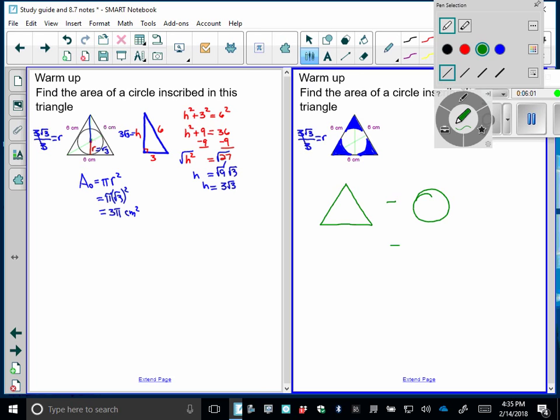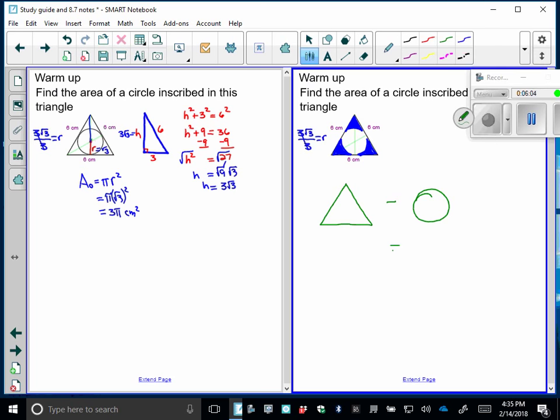So the area of the circle, as we know, is 3 pi. To find the area of the triangle, we need the entire height, which is 3 square roots of 3, and we have the base to be 6. Triangle area is 1/2 the base, 1/2 of 6, times the height.